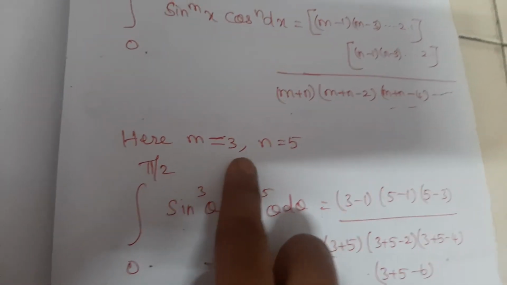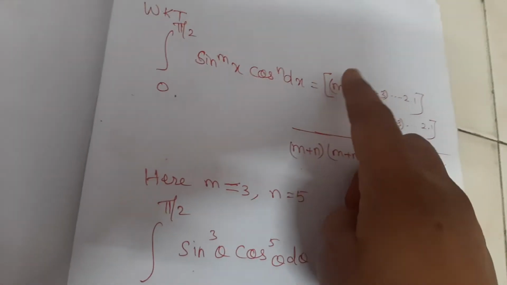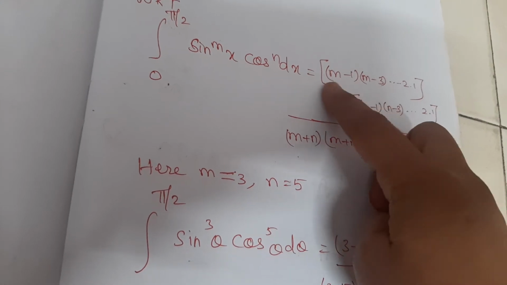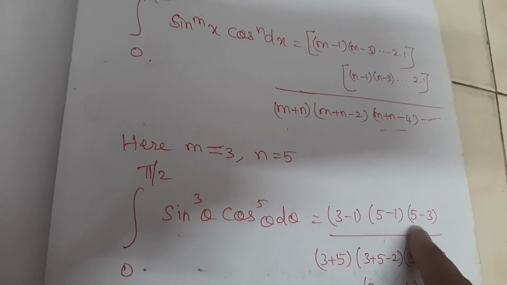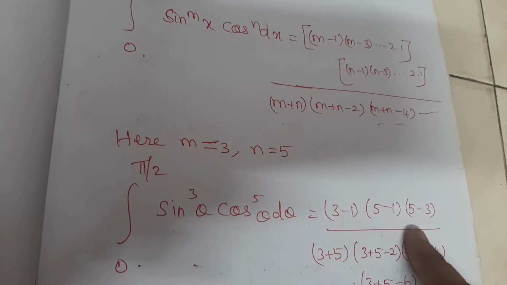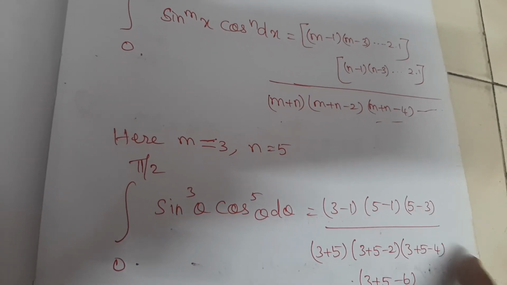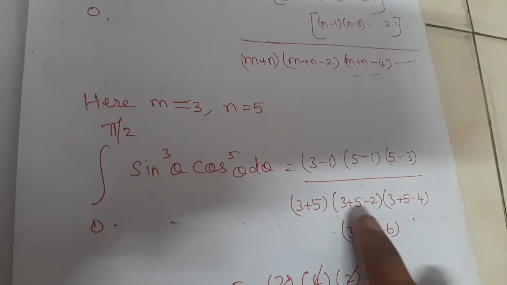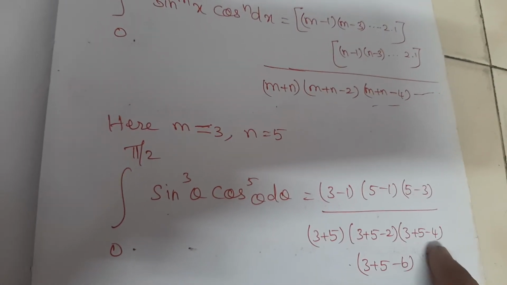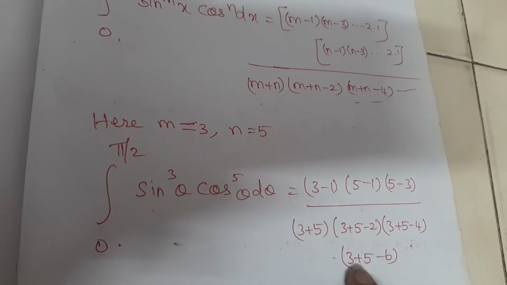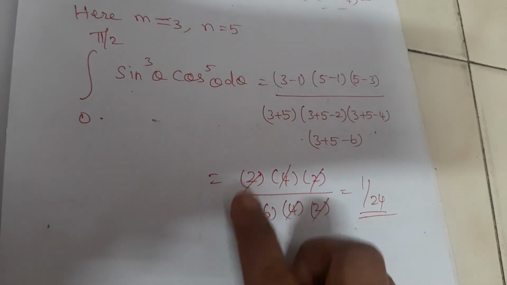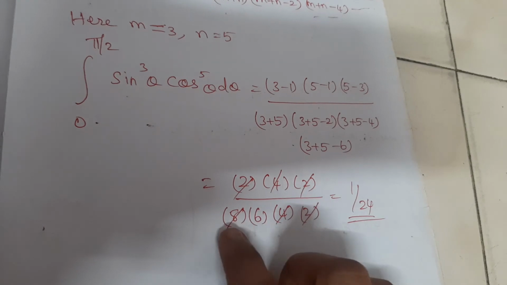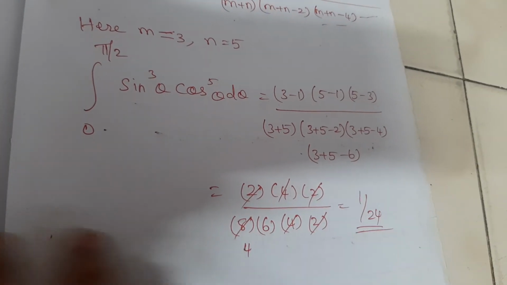So here m is equal to 3 and n is equal to 5. You substitute m is equal to 3: 3 minus 1, 5 minus 1, 5 minus 3, and 3 plus 5, 3 plus 5 minus 2, 3 plus 5 minus 4, 3 plus 5 minus 6. So the answer will be 2 into 4 into 2 by 8 into 6 into 4 into 2, which is 1 by 24.